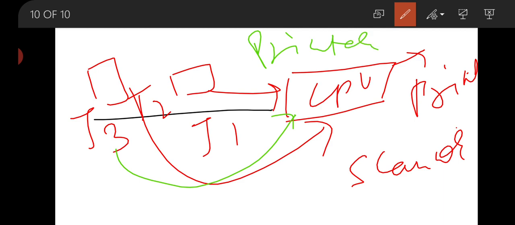Now the printer is occupied by J1 and the scanner is occupied by J2 and J3 is waiting for the printer. So until and unless J1 completes its job and frees the printer, J3 will not process, and J2 is already working with the scanner and also requires the printer.